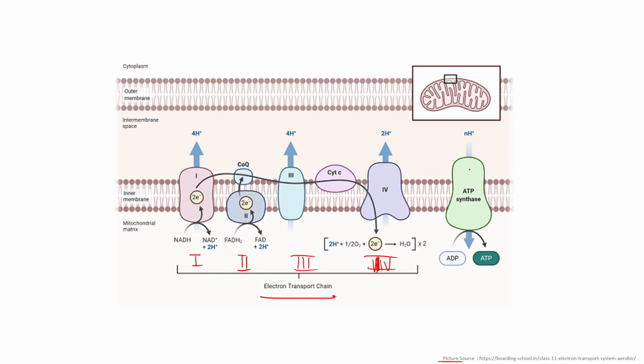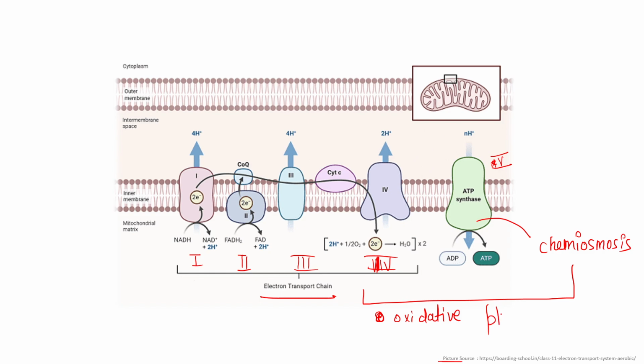But complex number 5, ATP synthase, alone will help with the proton gradient. So this alone performs chemiosmosis, and together, the electron transport chain and chemiosmosis do oxidative phosphorylation. Oxidative phosphorylation is a process where the electron transport chain occurs, and with its help you make ATP.